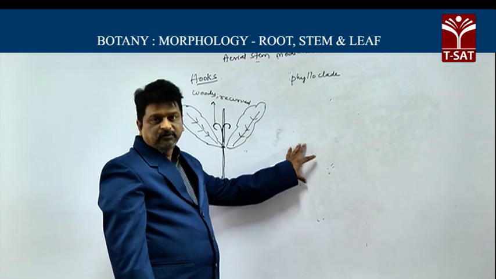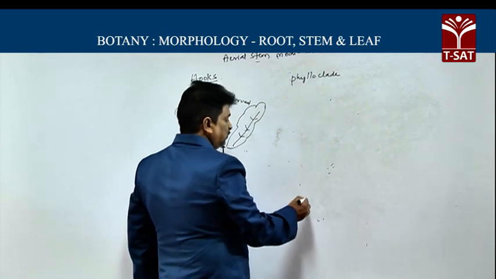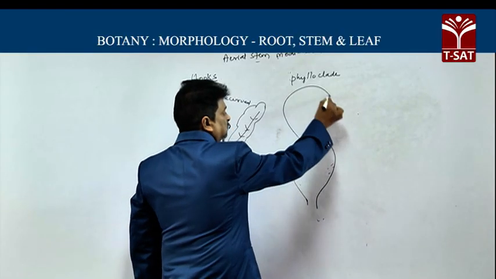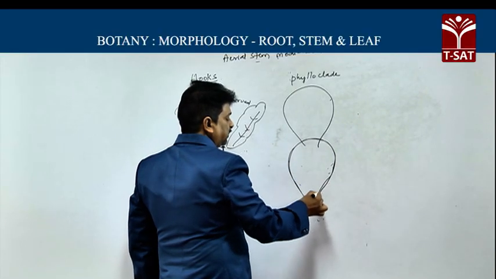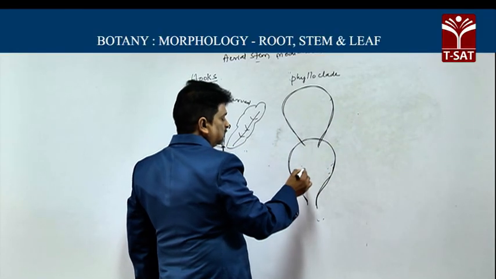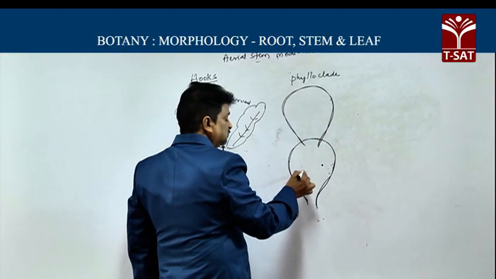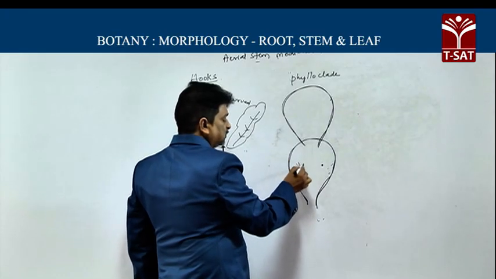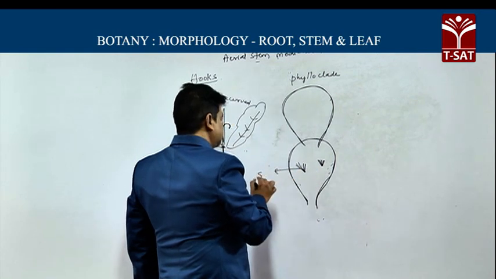Here I am giving the description for Opuntia. In Opuntia, the phylloclade is green and flattened. The phylloclade is fleshy, it stores water. Actually, in Opuntia the leaves fall off. There only axillary buds are present. These axillary buds are reduced to spines.